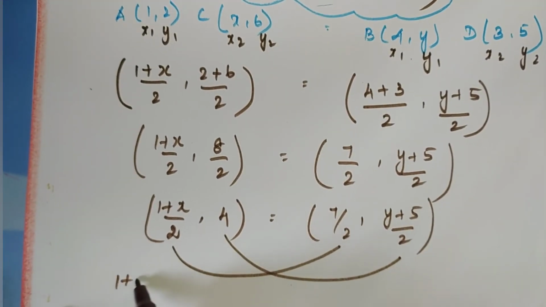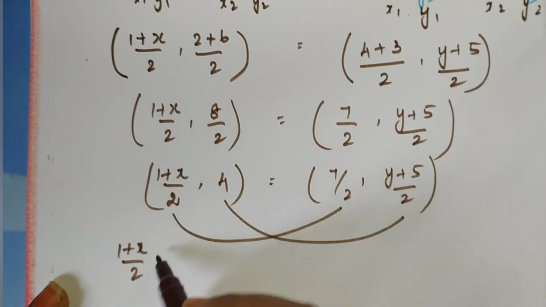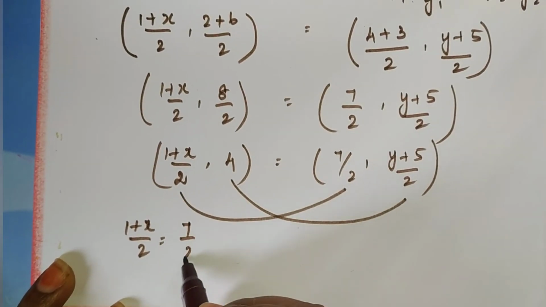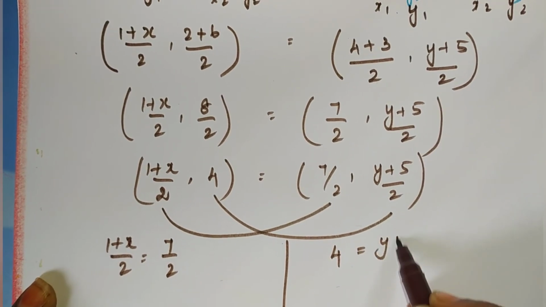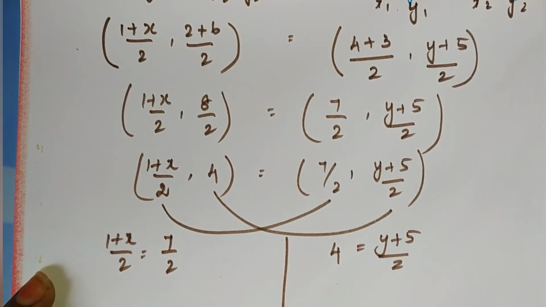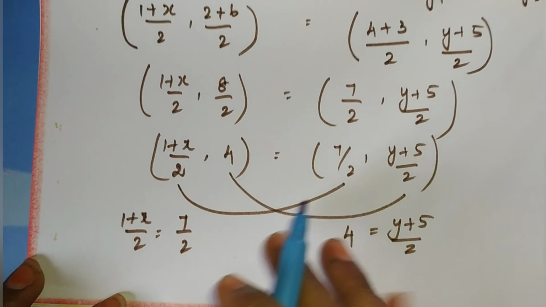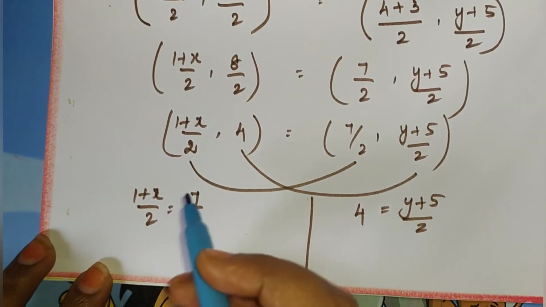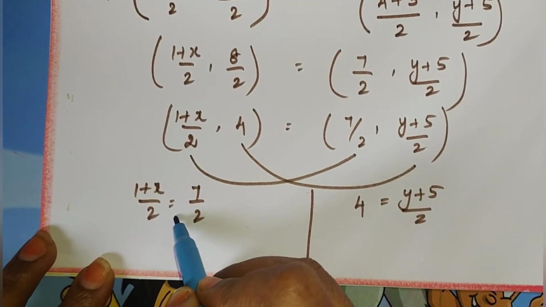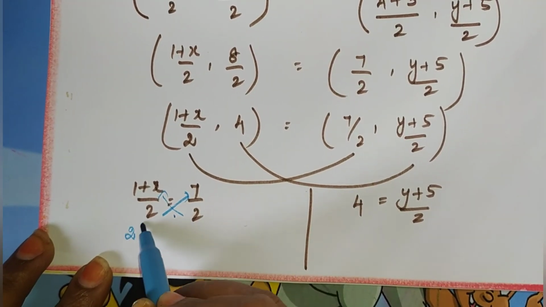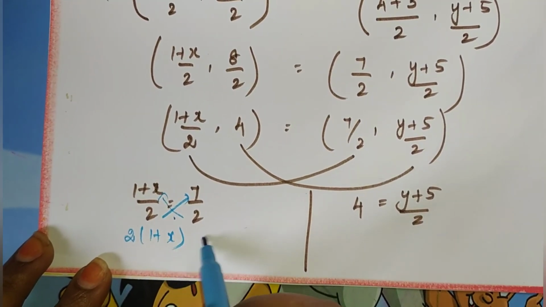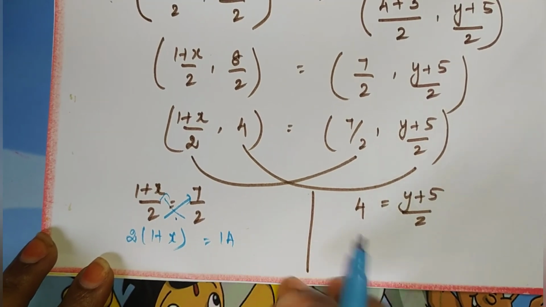So (1 plus x) divided by 2 is equal to 7 by 2, and the next one is 4 is equal to (y plus 5) divided by 2. Now cross multiply. 2 into (1 plus x), and 2 sevens are 14.